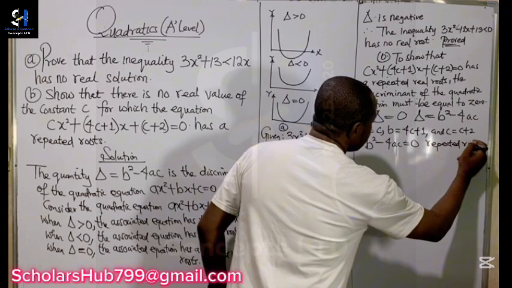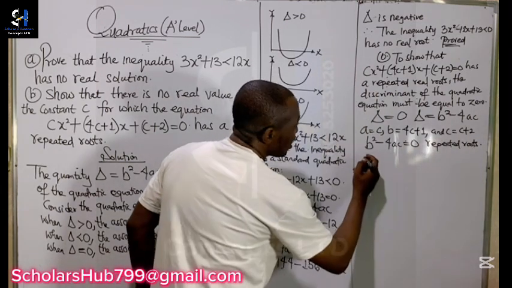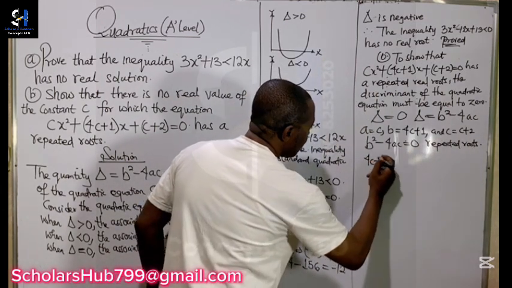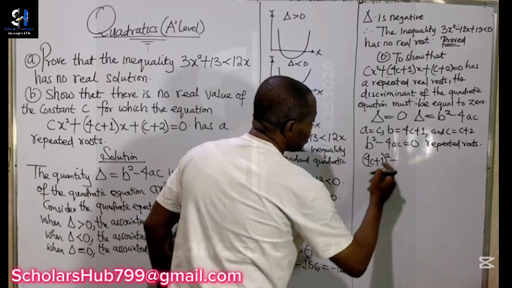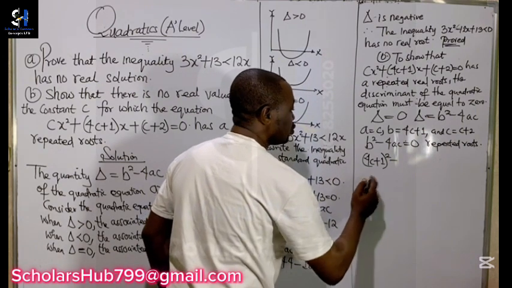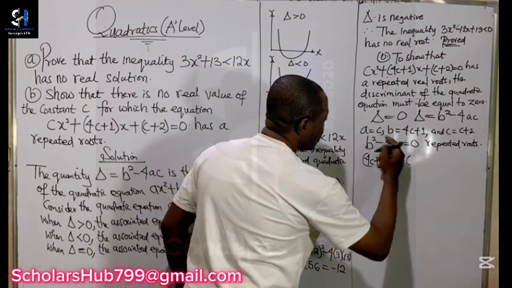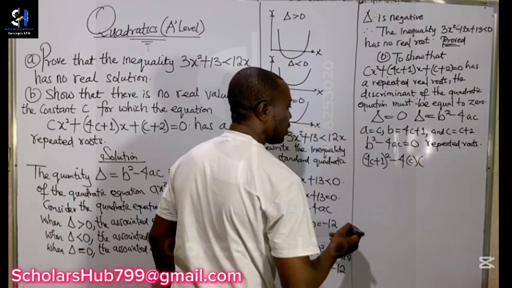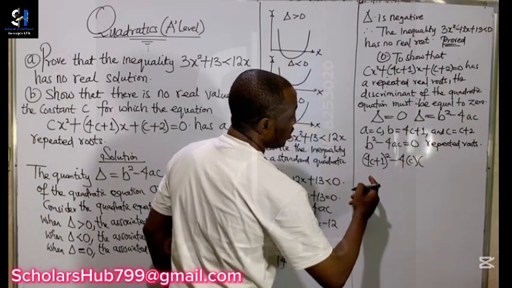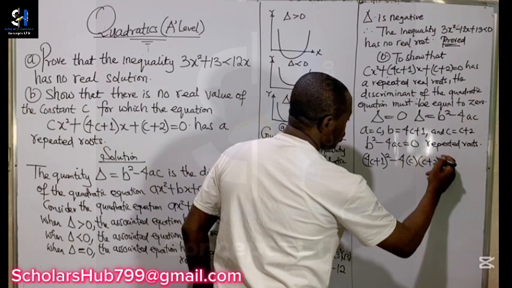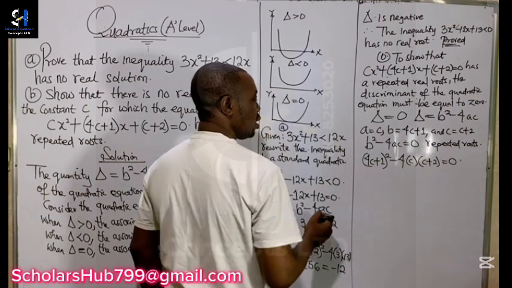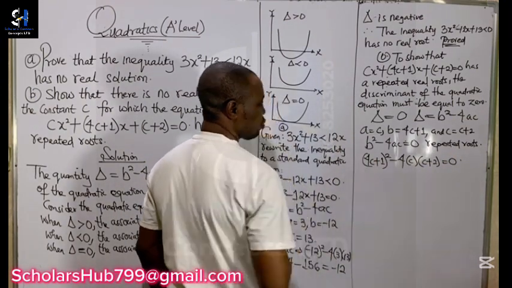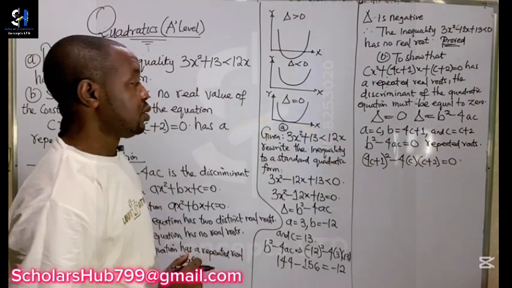That is repeated roots. So we then have b, which is 4c plus 1, raised to the power of 2, minus 4 times a, which is c, multiplied by c plus 2, equals 0. So let's expand the square of 4c plus 1.